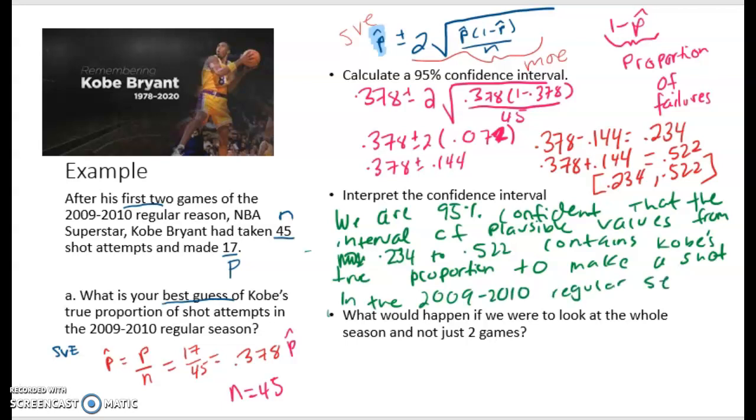And the more specific that you are in this interpretation, the better off you'll be. Okay? So what do you think would happen if we were to look at the entire season and not just 2 games? So if, instead of 45, we increase this n, what would happen to our confidence interval? Increasing n would decrease the margin of error.